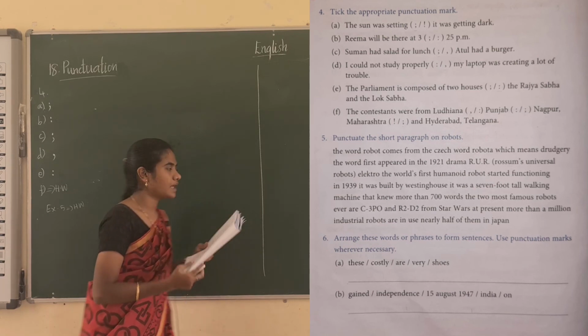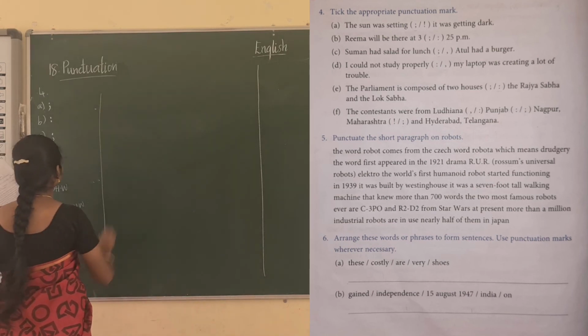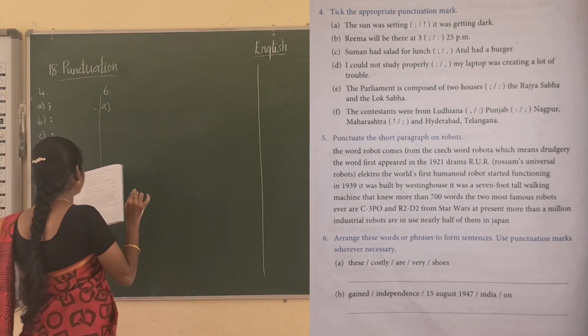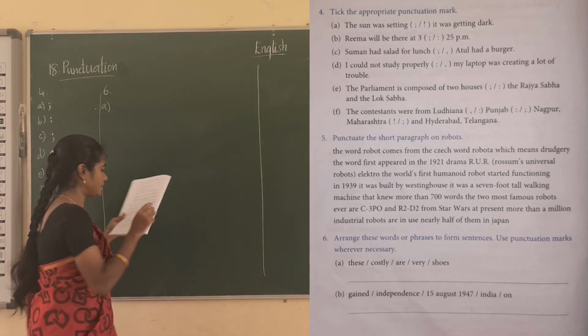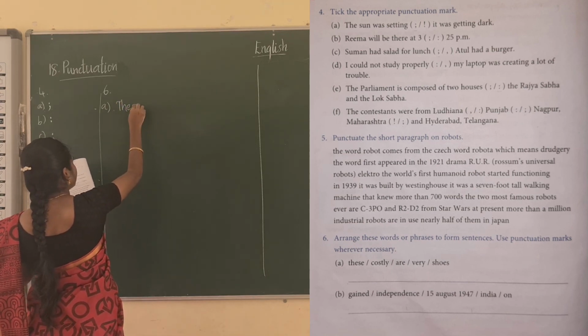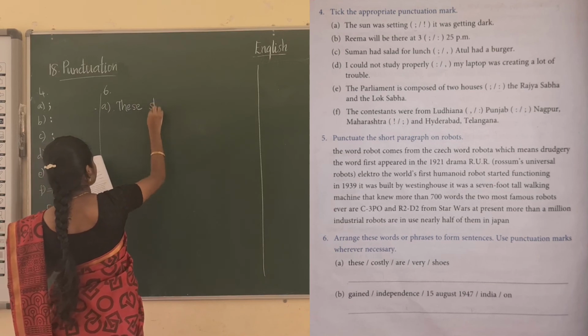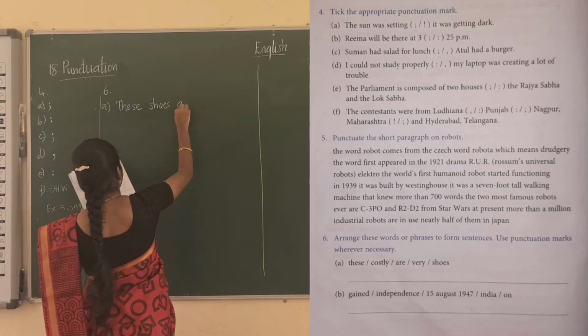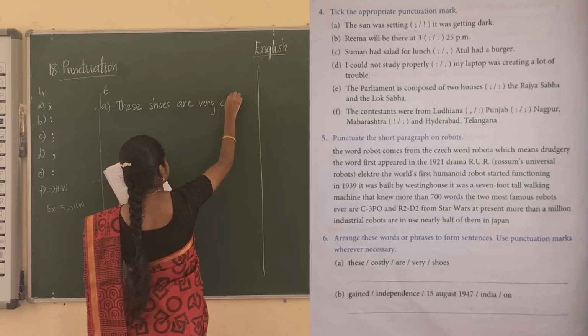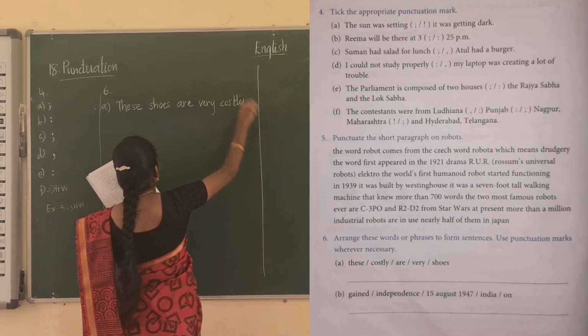Now we can just rearrange. Sixth exercise A1: these shoes are very costly. You have to use a capital letter wherever necessary. These shoes are very costly. Put a full stop here.